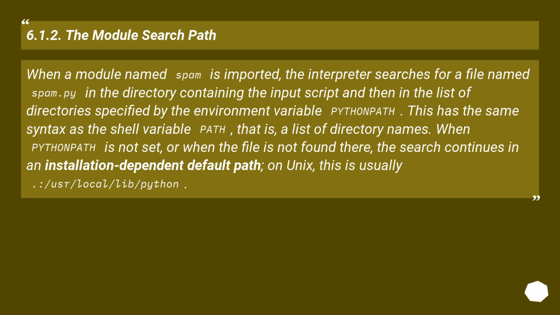This has the same syntax as the shell variable PATH, that is, a list of directory names. When PYTHONPATH is not set, or when the file is not found there, the search continues in an installation-dependent default path. On Unix, this is usually .:/usr/local/lib/python.